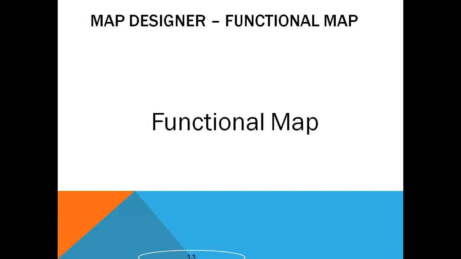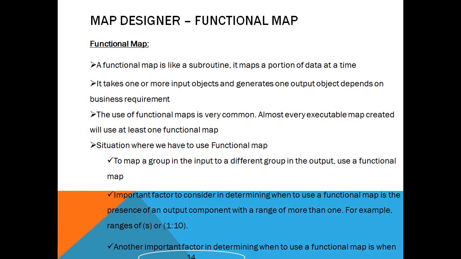So the next one is functional map. We already saw that. A functional map is nothing but like a subroutine. It maps a portion of data at a time. It's like a normal C function or a function in any language, .NET, Java.